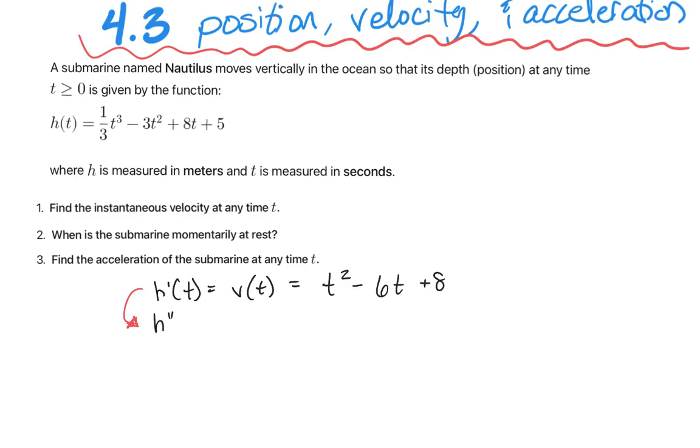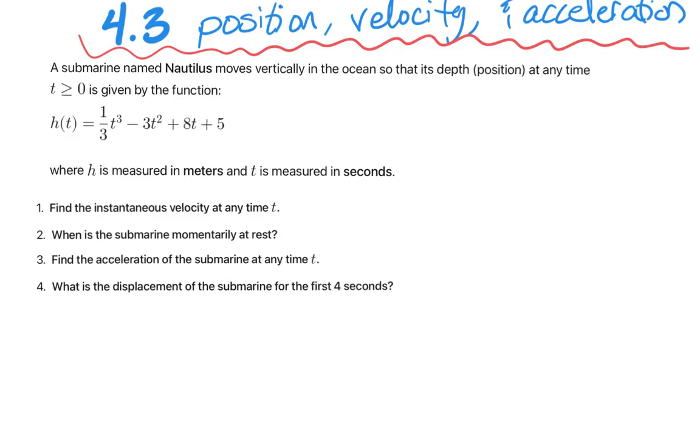The second derivative of h of t is equal to a of t. It's going to be the derivative of this. Again, using the power rule, 2t minus 6. That was fun. So at any given time, the acceleration is modeled by 2t minus 6.